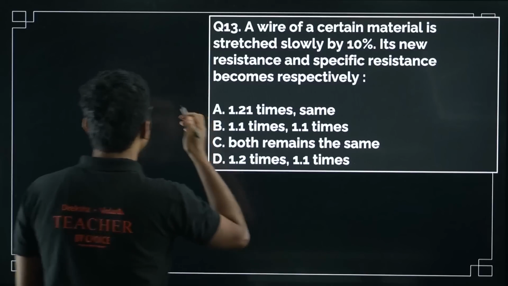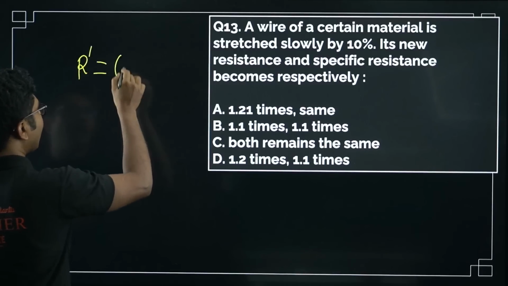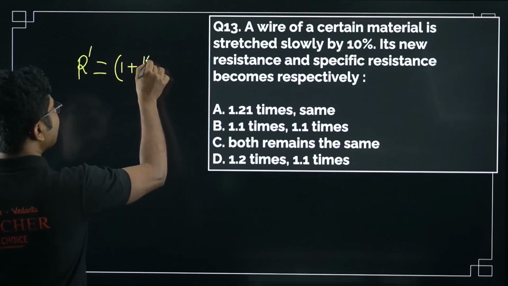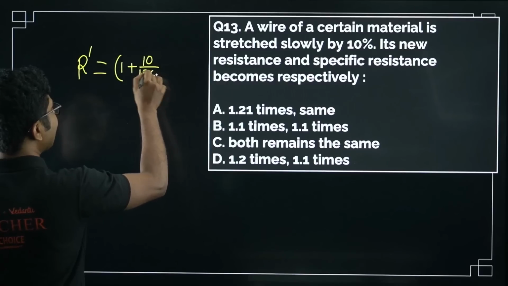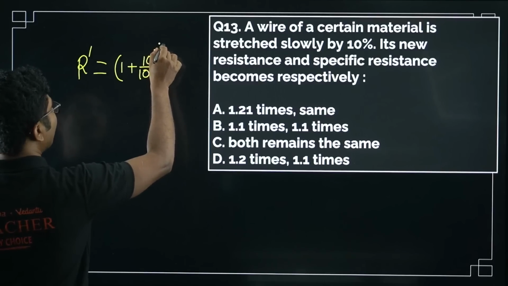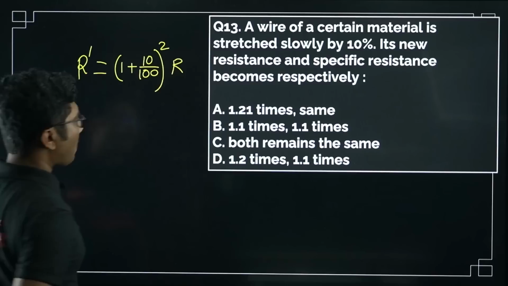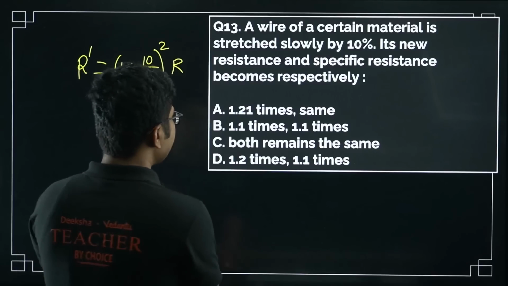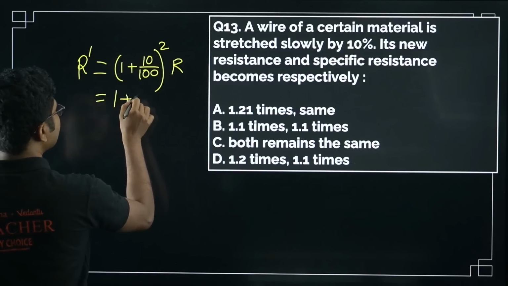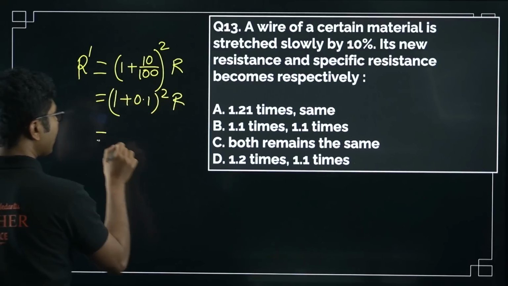I gave you a formula that the new resistance is basically: 1 plus the percentage change divided by 100, whole square, into the original value. So this is the formula. Basically 1 plus 0.1 whole square into R, if it is only about length.